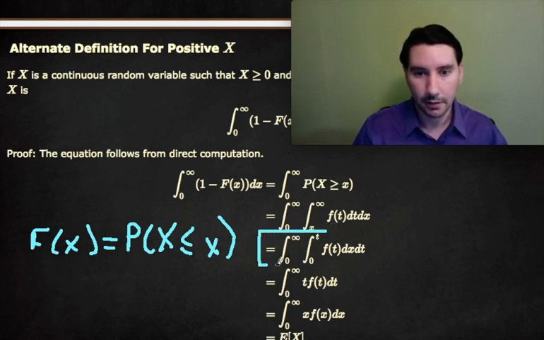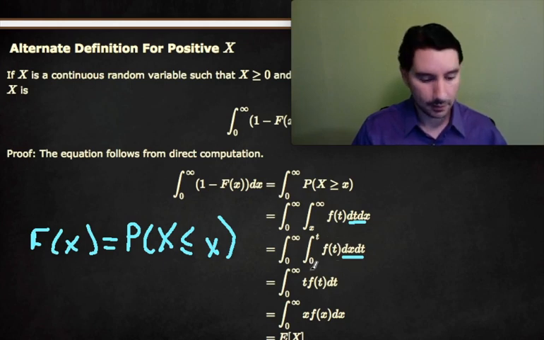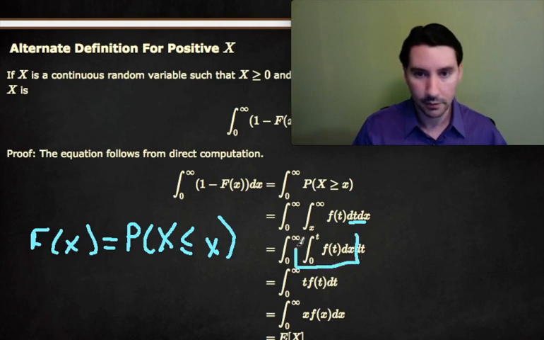To go to the next line, we can swap the order of the integrals. So instead of integrating dt dx, we can integrate dx dt and go from 0 to infinity and then from 0 to t. Now, there's no x in this inner integral, so integrating f(t) dx from 0 to t just leaves us with t f(t).